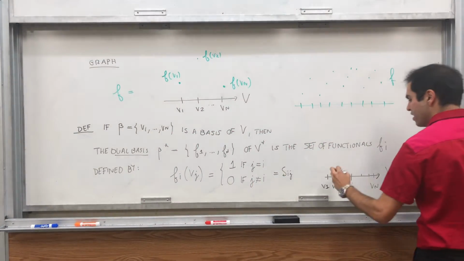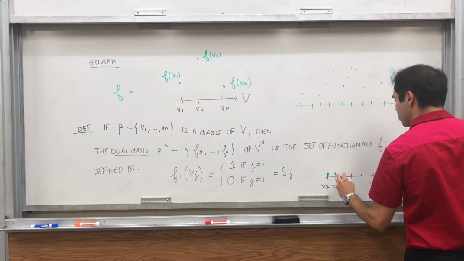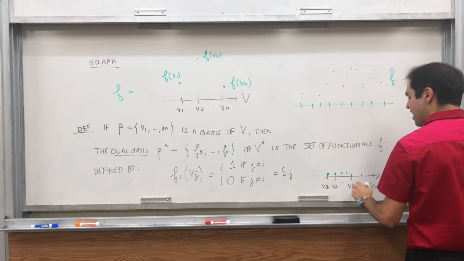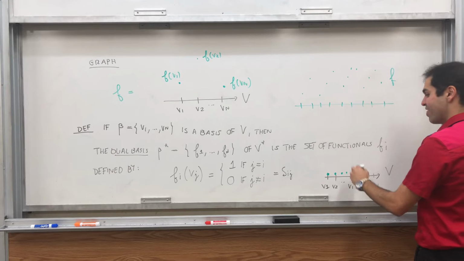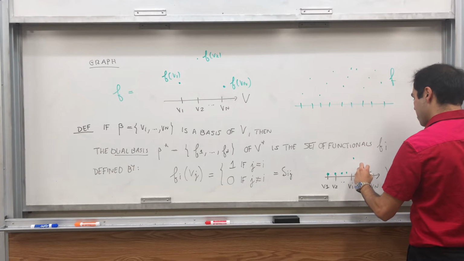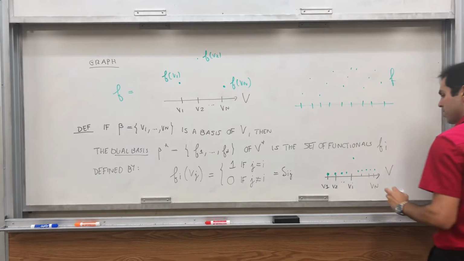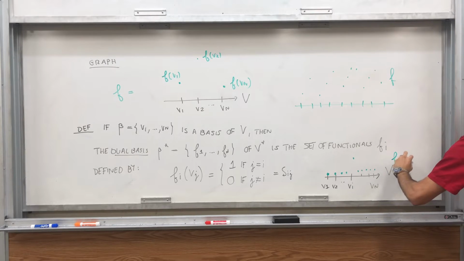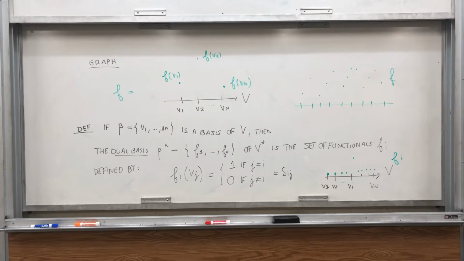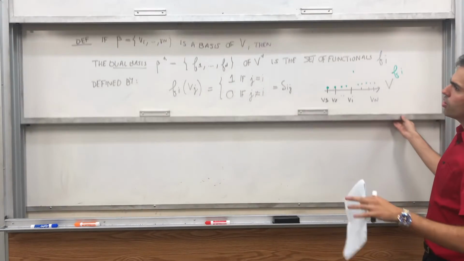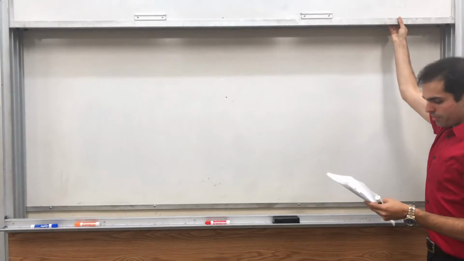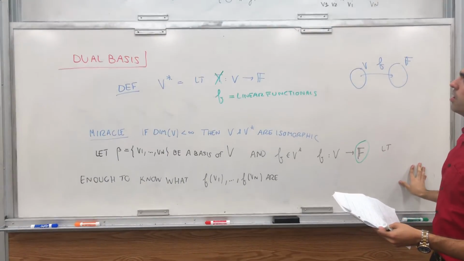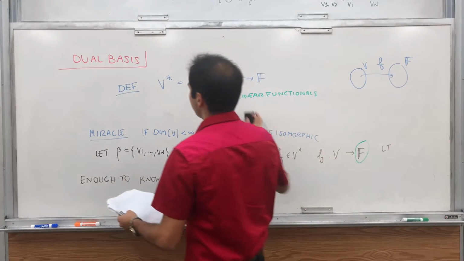So it's 0 on v1, 0 on v2, 0 everywhere, except precisely at the ith vector, it's 1. And this is what fi looks like. I know it's a little bit confusing, so let me just illustrate this with a concrete n. So suppose you have n equals 3.